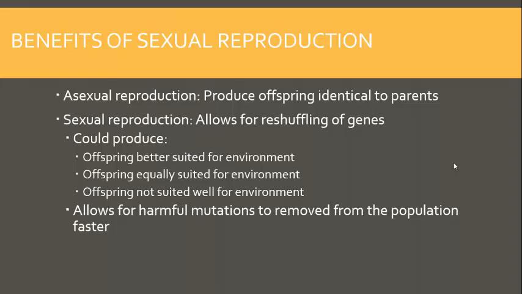Sexual reproduction is significantly different, starting with the fact that two individuals, in general, are needed to create an offspring. Through the process of sexual reproduction, the genes of these two parents are shuffled and create a new, unique individual. This individual may be more, equal, or less successful than their parents in the environment.